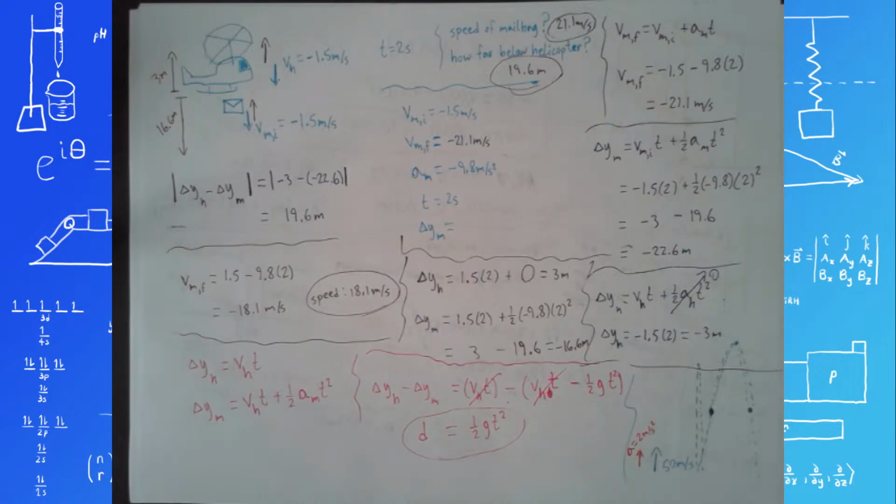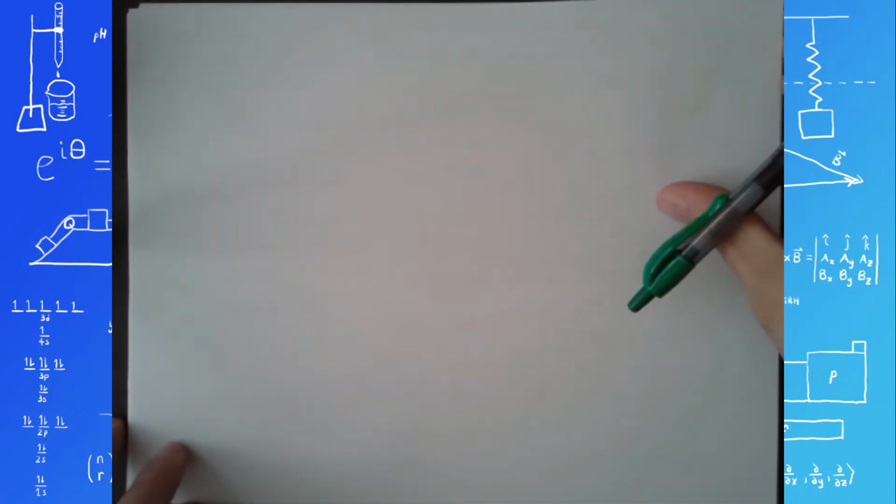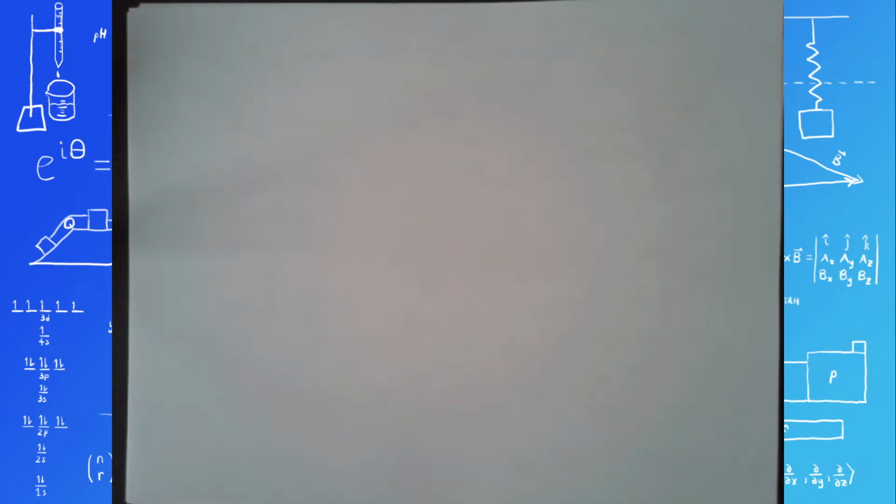It says a model rocket is launched straight upward with initial speed 50 meters per second. It accelerates with a constant upward acceleration of 2 meters per second squared until its engines stop at an altitude of 150 meters.